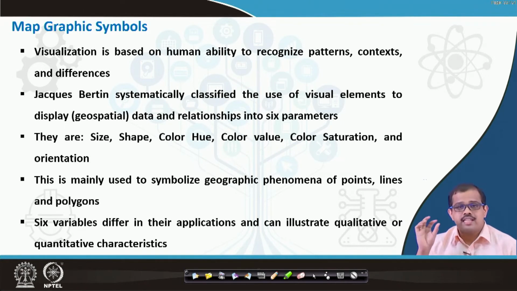These are the 6 different parameters that he classified, where you can use your map graphic symbols for effective representation. This is mainly used to symbolize geographic phenomena of points, lines, and polygons. These 6 variables differ in their application and can illustrate quantitative or qualitative characteristics in terms of representation.